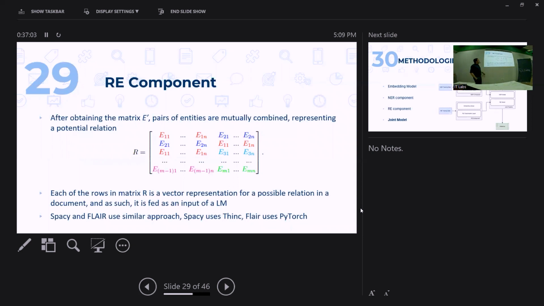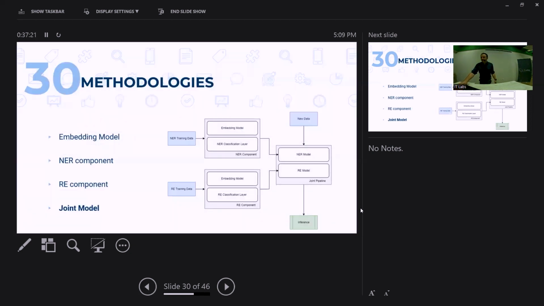Okay, when we use the library, they had a similar approach. I mentioned the difference. The only difference was this RNN layer that we had. Of course, they use different libraries, spaCy uses Thinc, Flair uses PyTorch, but nevertheless, we had the same training phase.